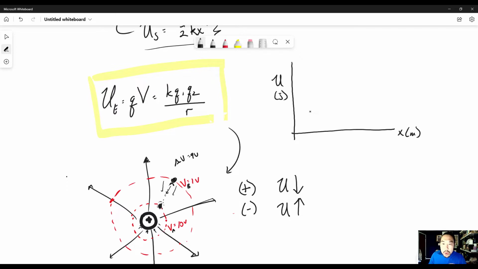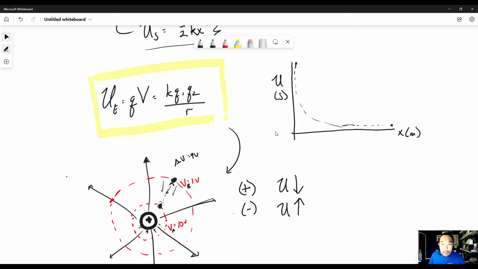The closer you are, if our x is very, very small, our potential can be very, very big. And as we get further out, it has the inverse effect. So what we get in terms of a graph is an inverse relationship like so.